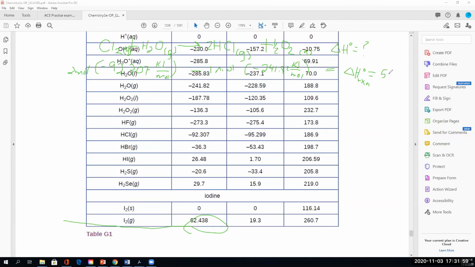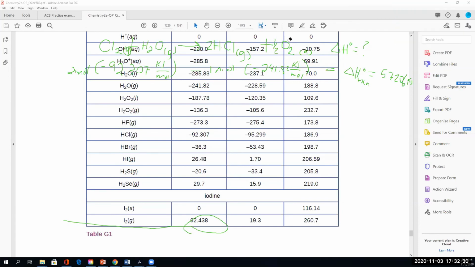And then that will be it. Piece of cake?